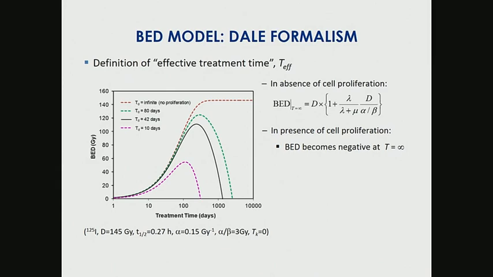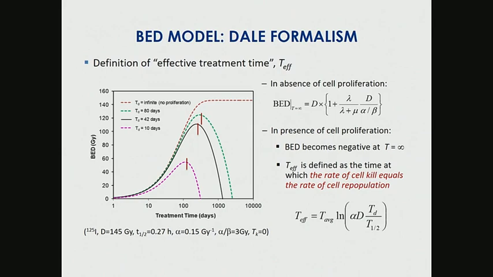So when you take the limit to infinite time for the permanent implants, the BED becomes negative. So this effective treatment time is defined as the time at which the rate of cell kill produced by the implant equals the proliferation rate.